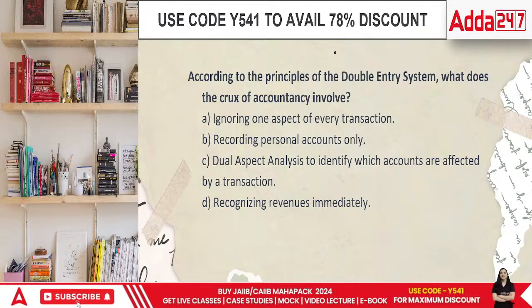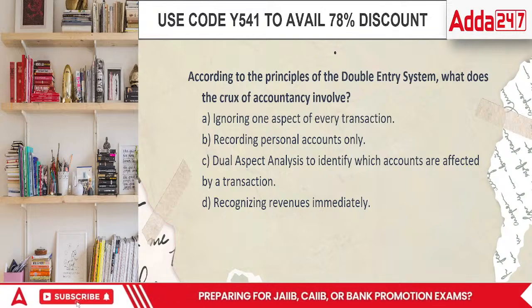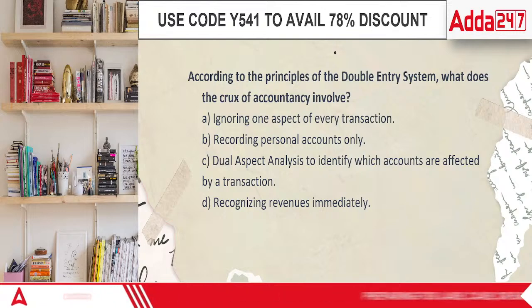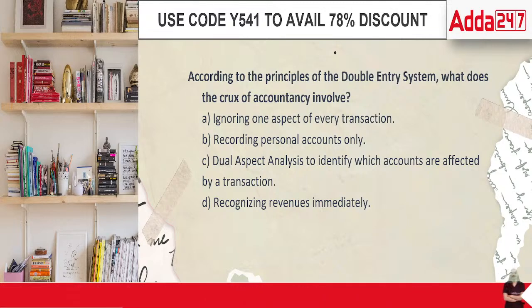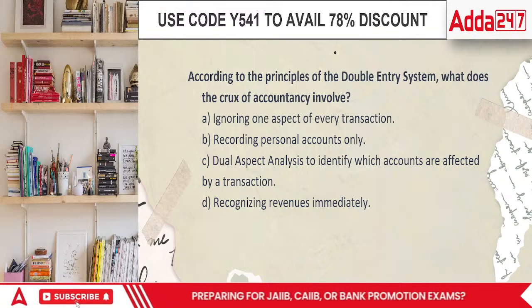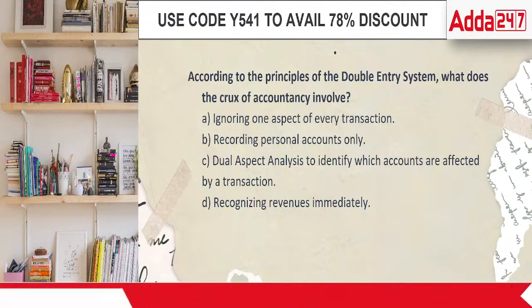So today I'll be moving a little forward. After the completion of the double entry system, we will also talk about the area of double entry bookkeeping in detail. That means the basics of journal and the method which is being followed. It's the method of debit and credit, the double entry bookkeeping method altogether.